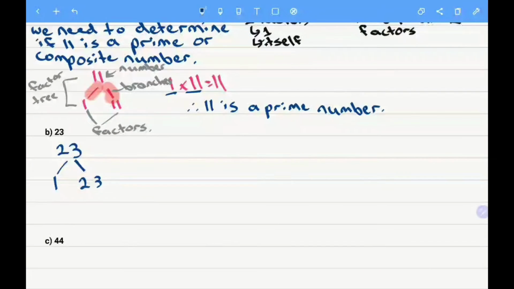Now to see if the numbers 1 and 23 can be resolved into other factors, the answer to this question is no. So 1 times 23 equals 23, and these are the only 2 factors.